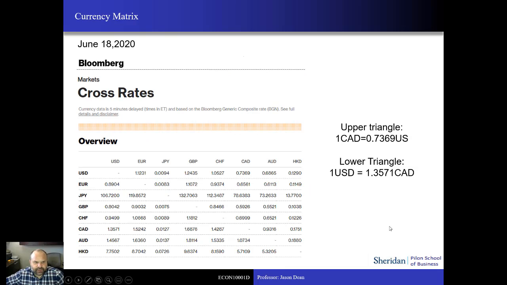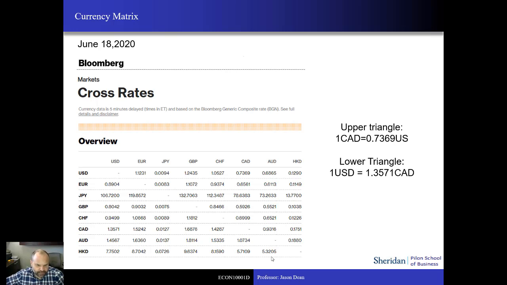Now, typically exchange rates are presented in a matrix form like this. So if you go to Bloomberg Markets and look at the cross rates, you'll see a table like this. I pulled this today from their website. And so all they're doing here is presenting the exchange rate in the 2 different definitions. So the definition in the lower triangle here would be consistent with our domestic definition.